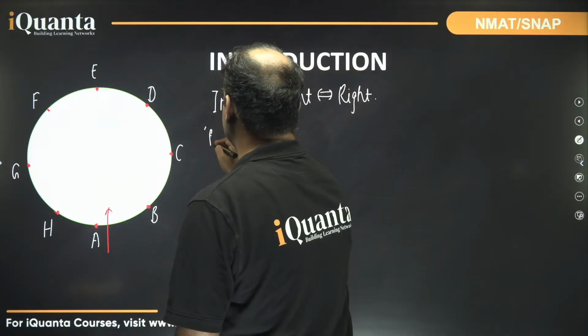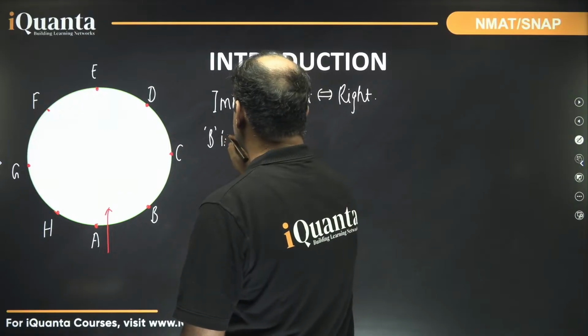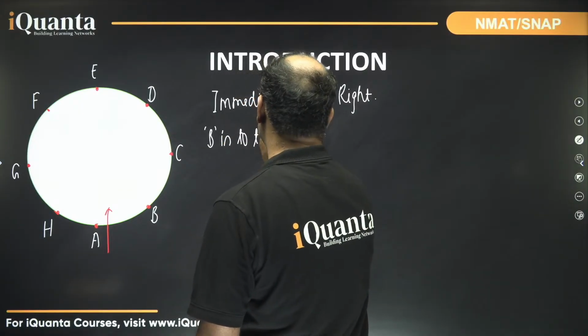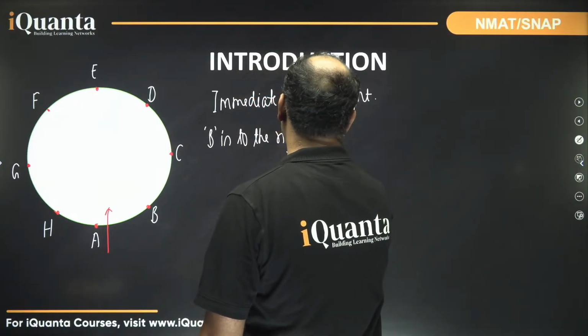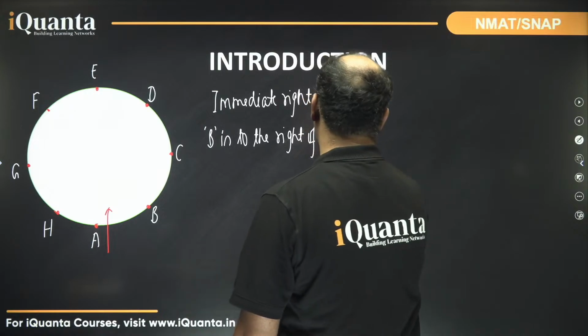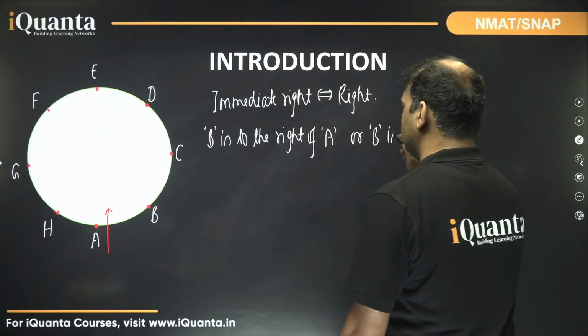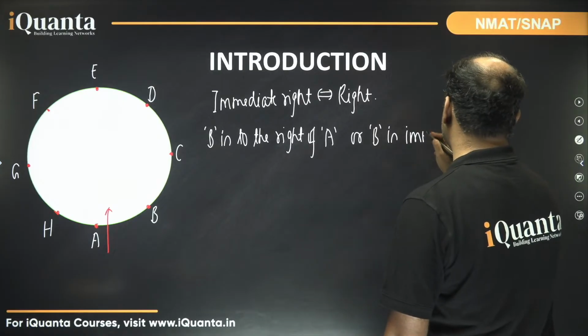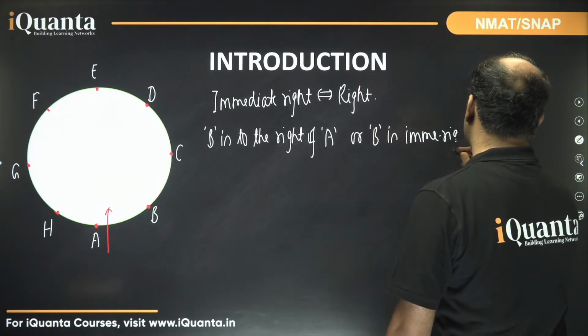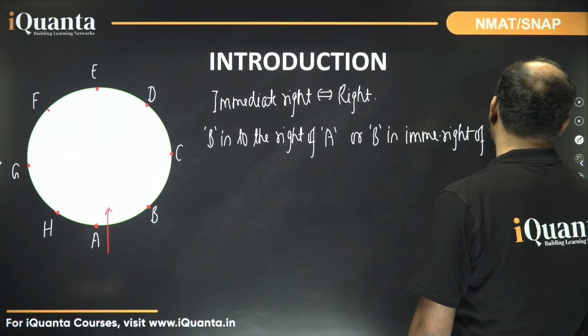So we can write it in two ways. We can say that B is to the right of A, okay, and also we can say, second thing, that B is immediate right of A, okay.